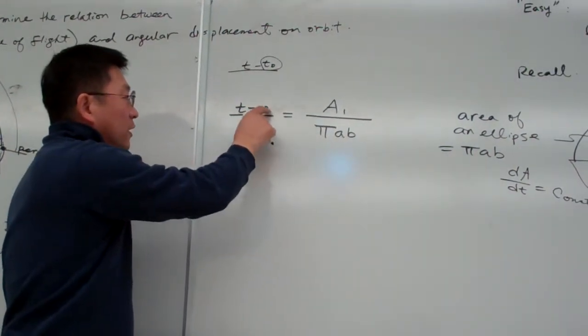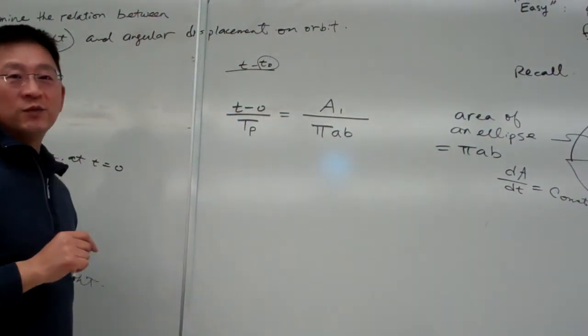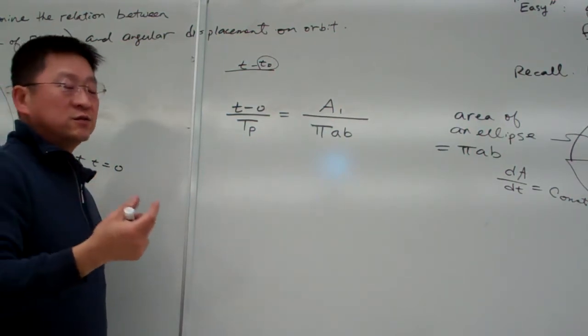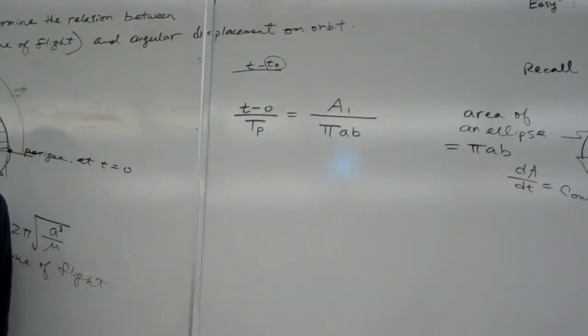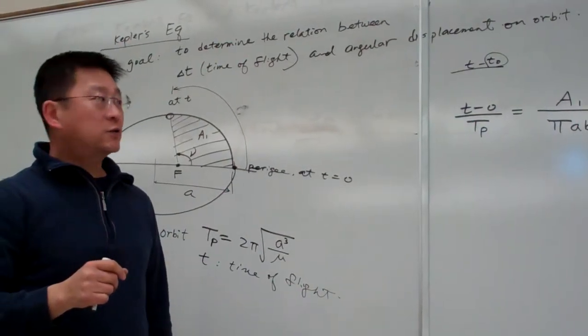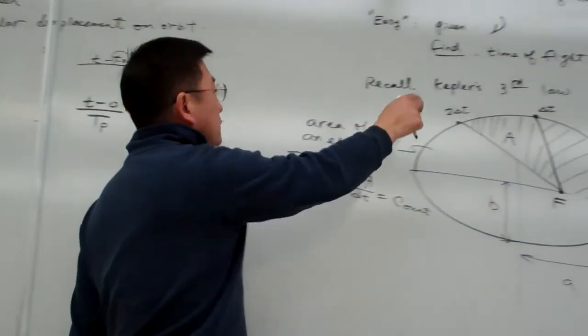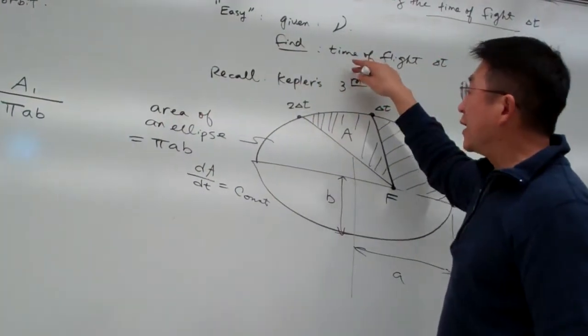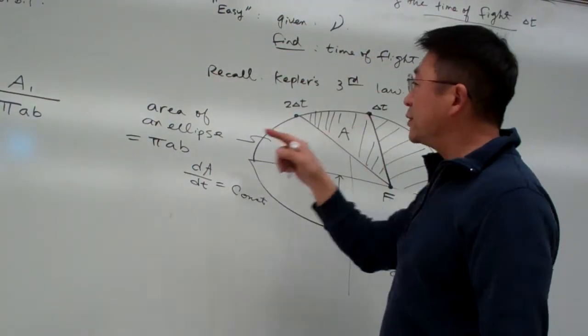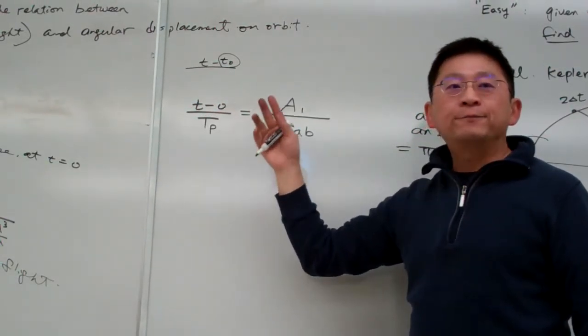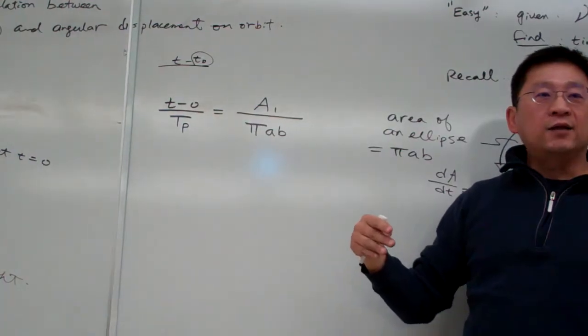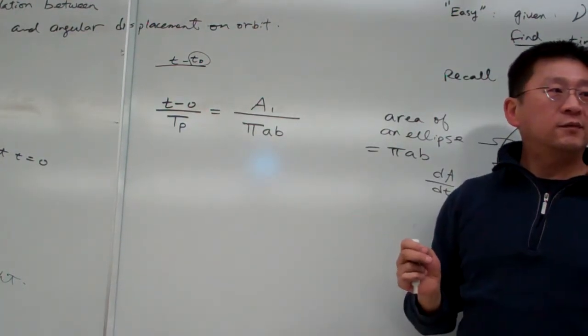Divided by the whole area, we can then determine t. So basically t is a certain portion of the period, and that portion is given by this. That is the easy formulation of the Kepler's problem. So again, delta t is simply the time of flight between the destination and the reference point.